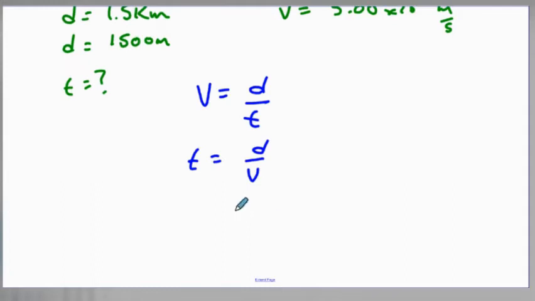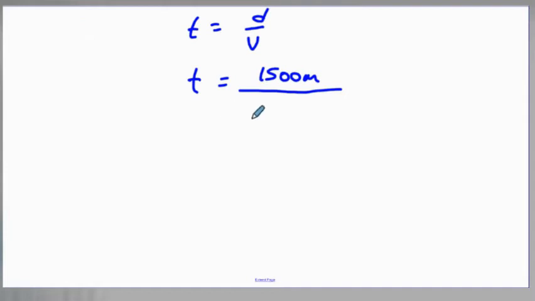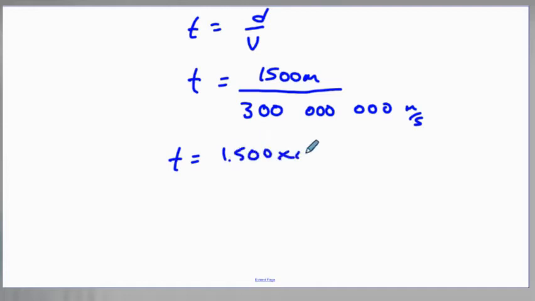So in this example, our time would be 1,500 meters divided by 3 times 10 to the 8th meters per second. If you're good with this stuff, you could write this in scientific notation: 1.5 times 10 to the third divided by 3.00 times 10 to the 8th.